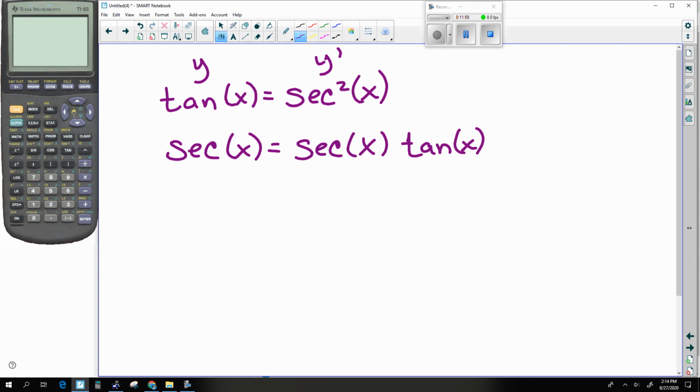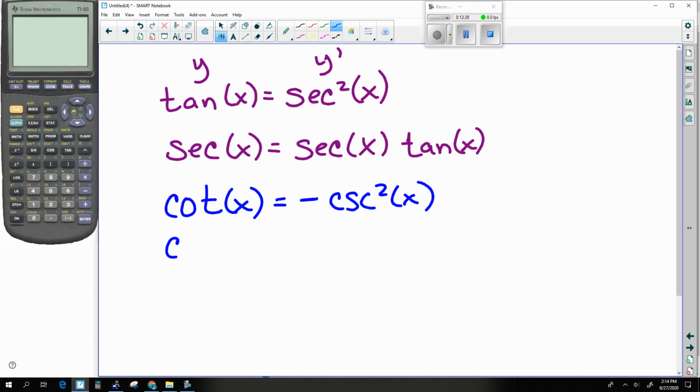Now, as I was kind of alluding to, the co-functions are equal to negative. So for instance, cotangent is very similar to this. Cotangent is going to be equal to cosecant squared. However, it's negative.